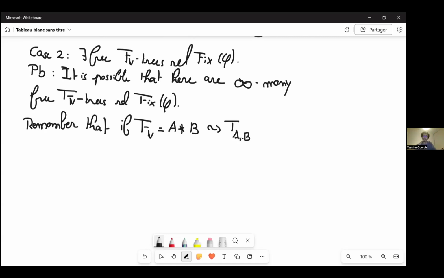So we'll first look at trees of the form T_AB, where Fix(phi) fixes a point.